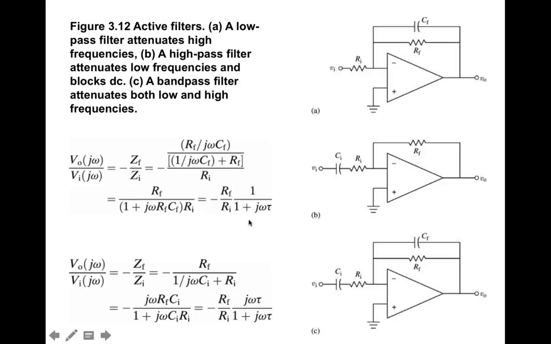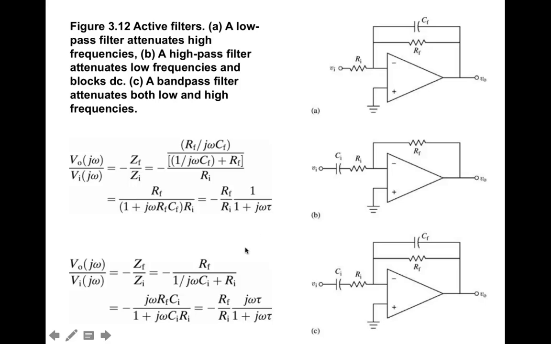And then you've got this term 1 over 1 plus j omega tau. J omega tau is this factor that tells you where your frequency cutoff will occur. And of course you can read directly from here that in this case tau would be RFCF, the resistance and capacitance in the feedback loop.